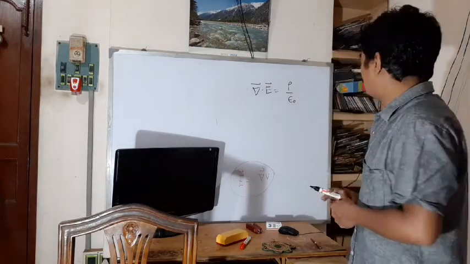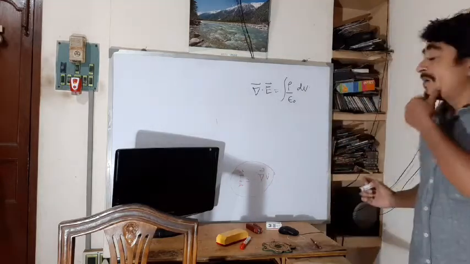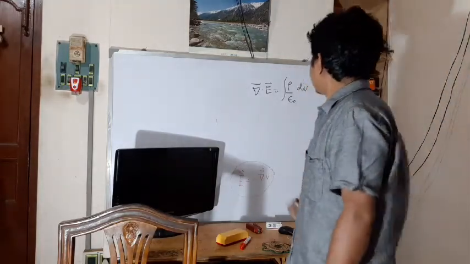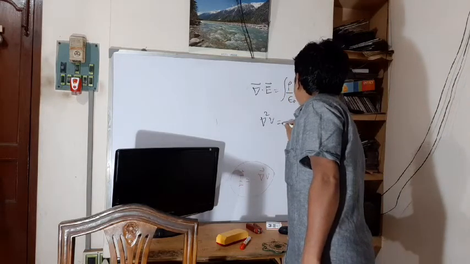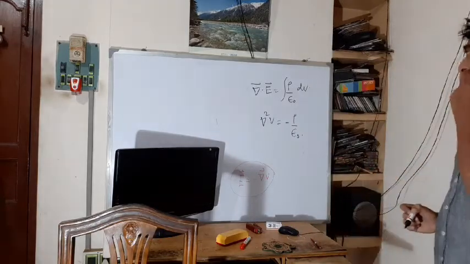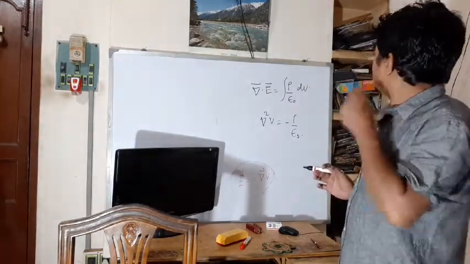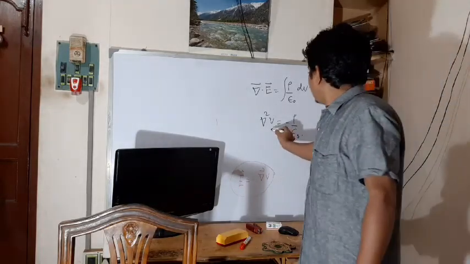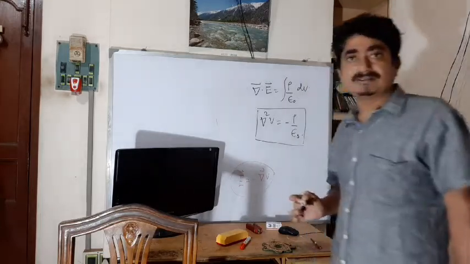Here rho is actually the integral form of charge density. Using this equation we can say that del square V equals minus rho by epsilon 0. This equation is nothing but the Poisson equation.